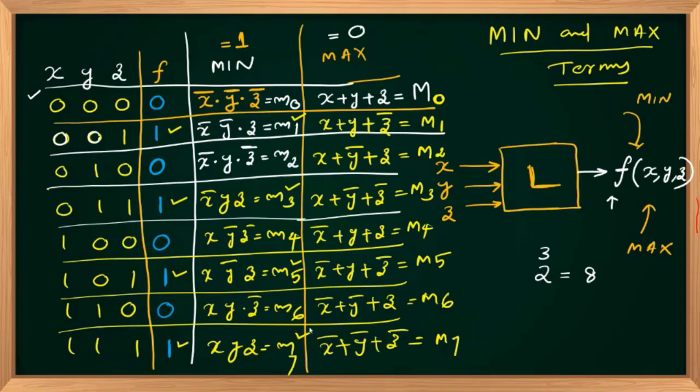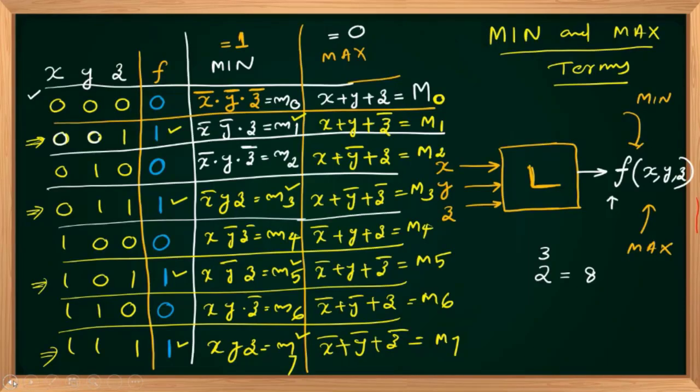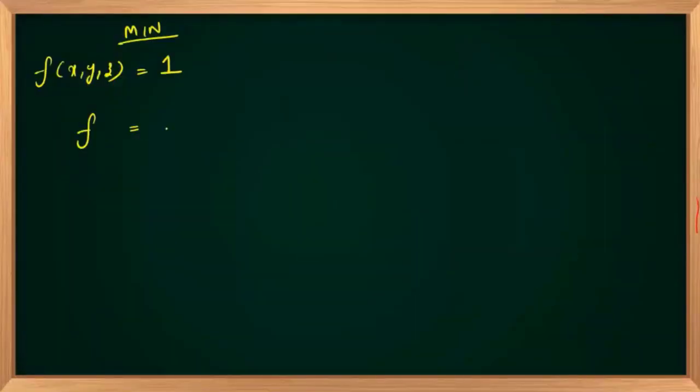So any of these combinations, either 001 or 011 or 101 or 111, my function will be 1. So I can easily express my function f equal to the respective minterms. First minterm is this one, m1. M1 is x bar, y bar, z. Or if x equal to 0, y equal to 0, z equal to 1, my function is 1. So logically, I can express it as x bar, y bar, z.